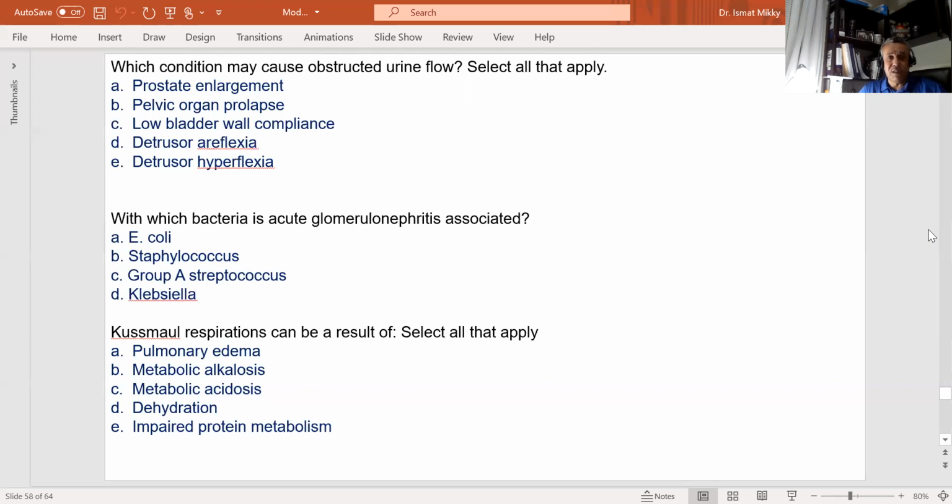So the detrusor muscle, which is the muscle which composes the bladder, is not contractile, relaxed, flaccid. So it will cause an underactive bladder syndrome. All the other choices cause urine flow obstructions.